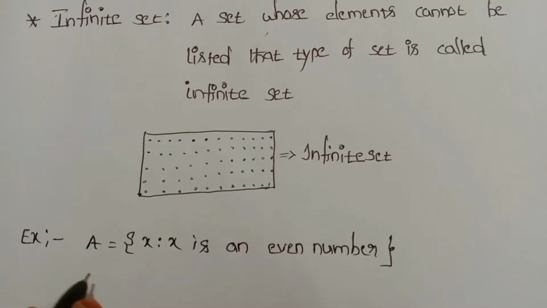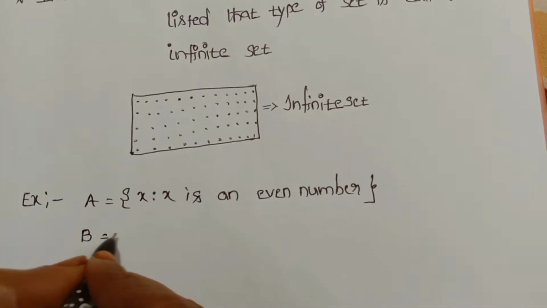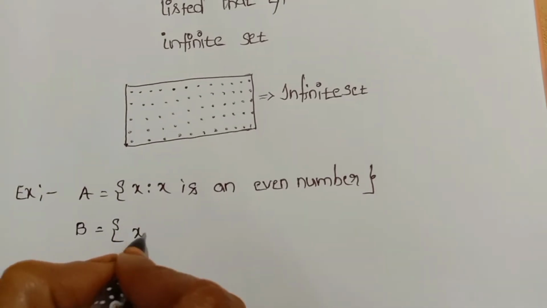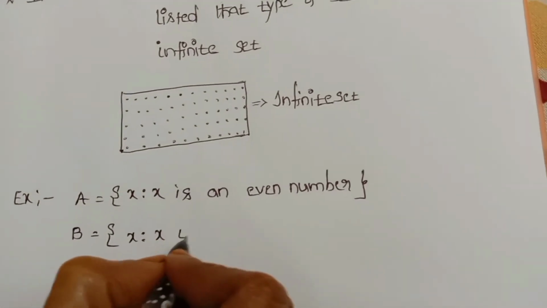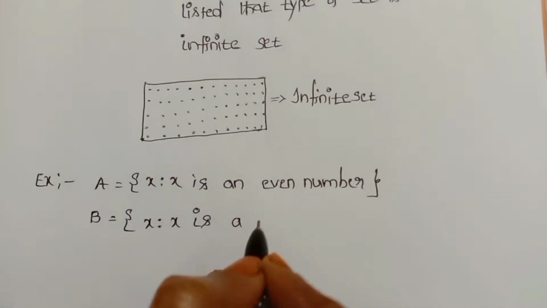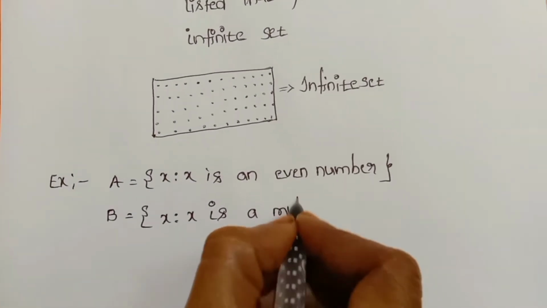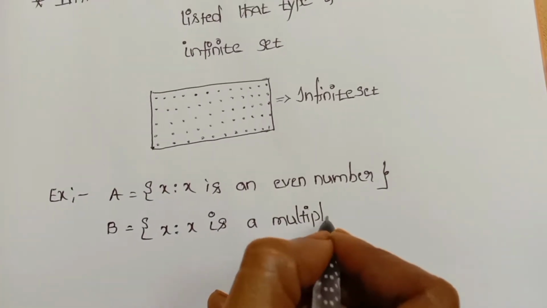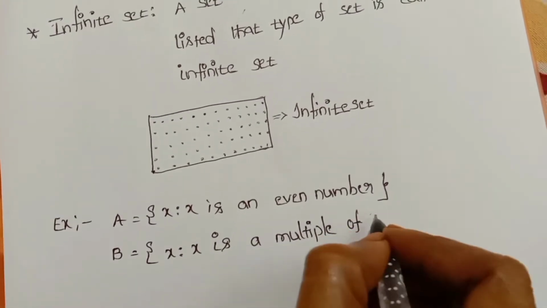Another example of infinite set: {x : x is a multiple of 7}.